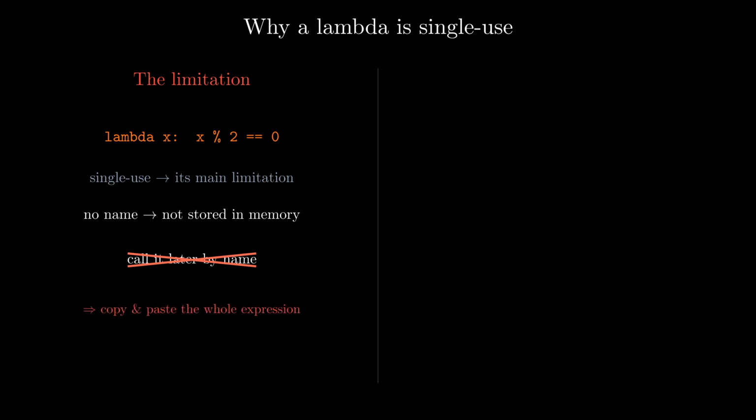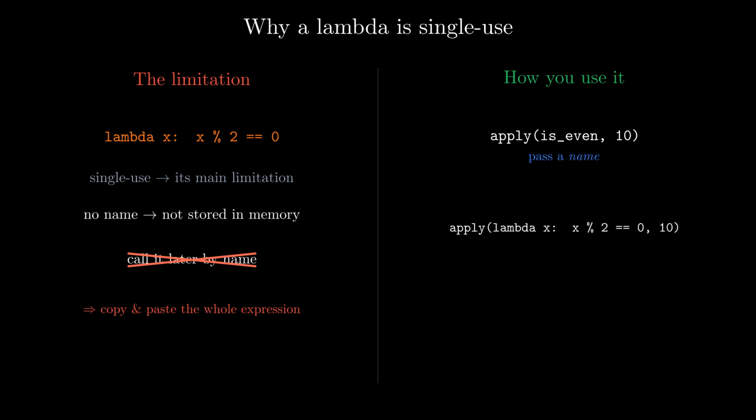You have to copy the whole lambda expression and paste it again wherever you need it. Think back to apply. When we passed the named isEven, we wrote apply, then isEven, then the integer. With a lambda, there's no name to pass, so instead we drop the entire lambda expression right into the call in place of the name. We define the function and hand it over as the argument, all in one place.